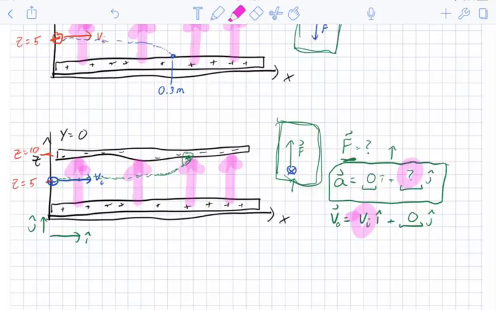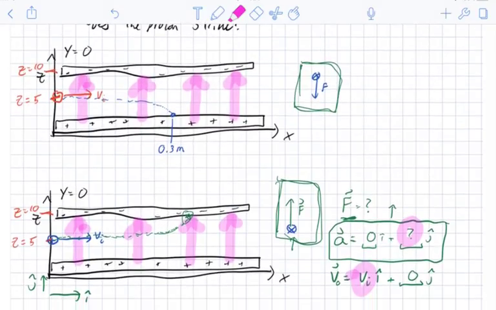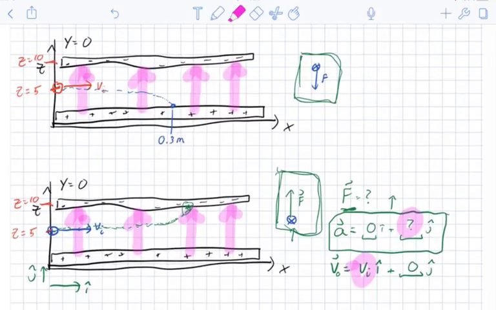So how do I figure those out? Well, I know what the inertia of a proton is. So if I knew what this force was, I could use the inertia to figure out what this acceleration is. So how do I figure out the force? I've got to go to this problem.